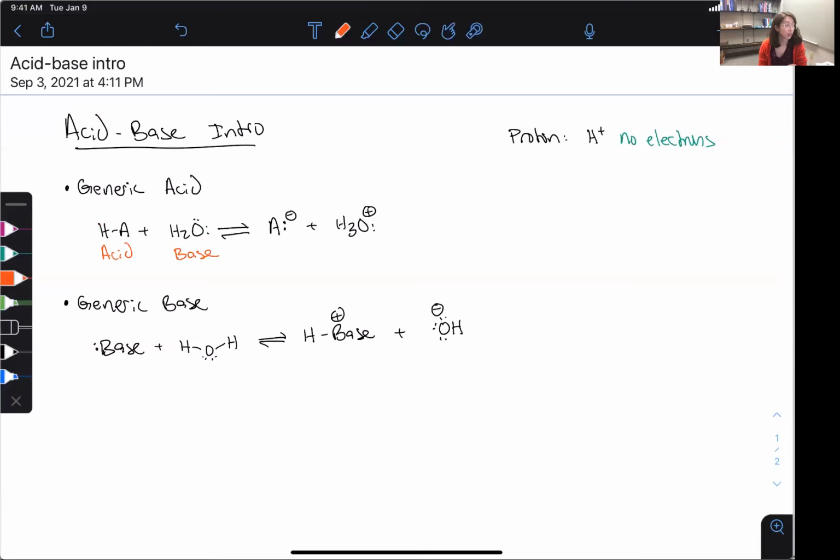So in the acid-base reaction, the base has to have something that has lone pairs on it, okay? So the base has to have the electrons to start the whole process. So in this case, we're using oxygen, which has 2 lone pairs on it. So the lone pairs on that oxygen are going to go and attack our proton.